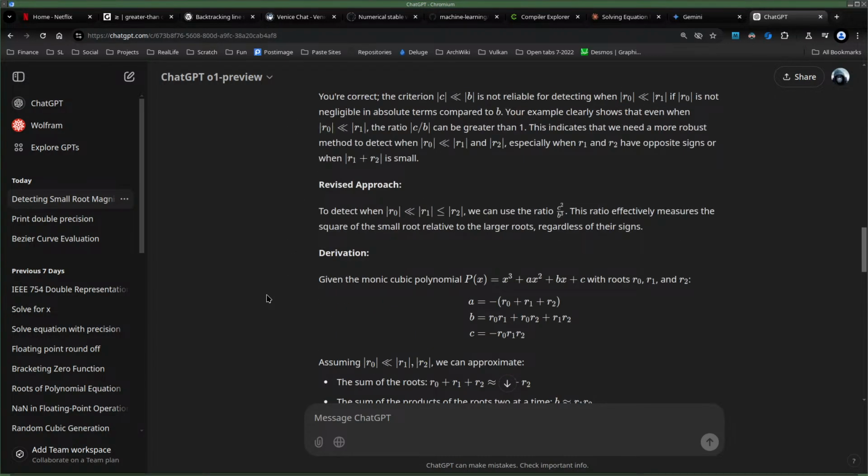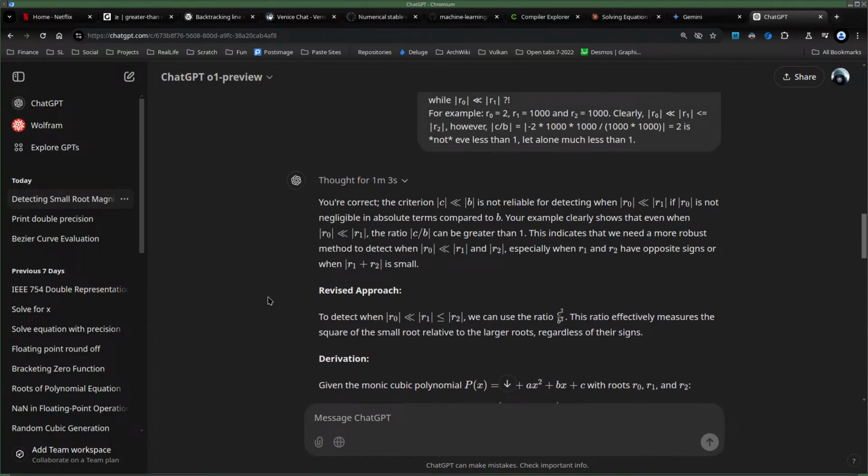Let's see what ChatGPT said. "You're correct." Yeah, the standard start of any reply. "Criterion C is much less than B is not reliable for detecting if R0 is much less than R1 if R0 is not negligible in absolute terms compared to B. For example, clearly shows that even when that ratio can be greater than 1." This indicates we must have a robust method to detect.